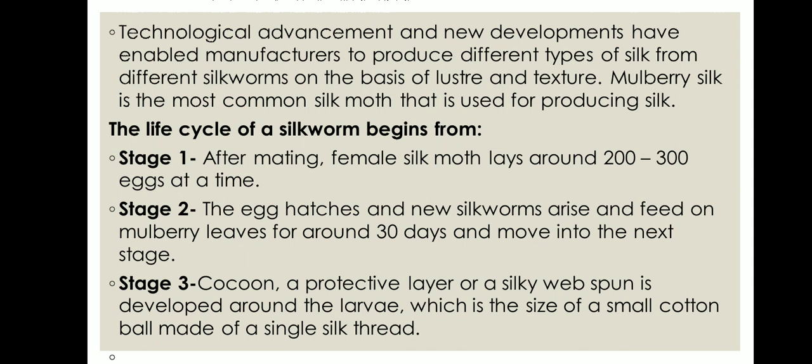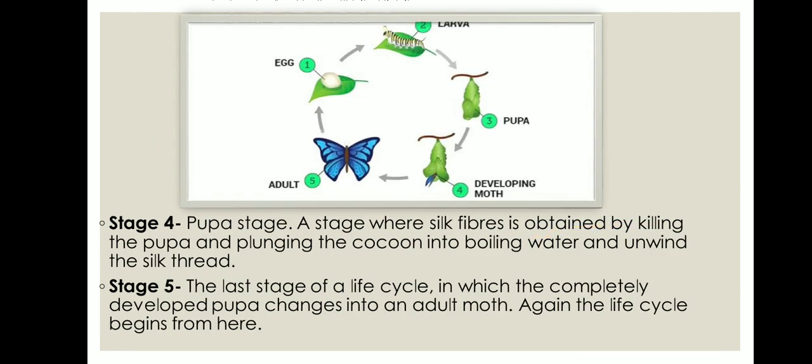Then after, a cocoon, a protective layer or a silky web, is developed around the larva, right? The silkworm secretes fine filaments from its glands, which are made of protein and harden on exposure to heat.